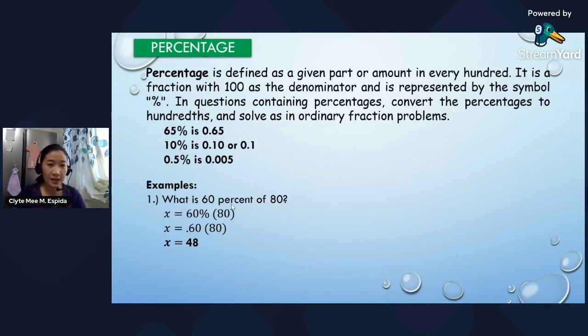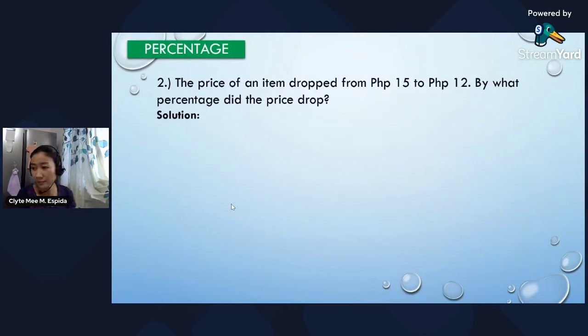Okay, for percentage. The price of an item dropped from 15 to 12 pesos. By what percentage did the price drop? Siguro nag-sale. So by what percentage did the price drop?